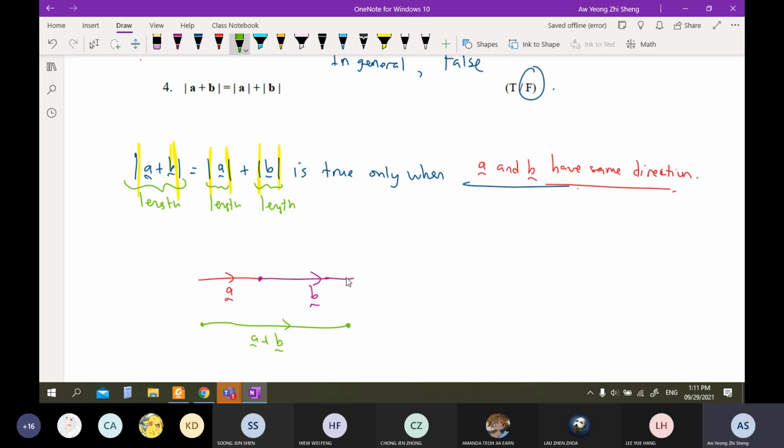So only in this case, my length of A plus the length of B, which is the red length plus the purple length, will be equal to the green length. Only in this situation will it be true.